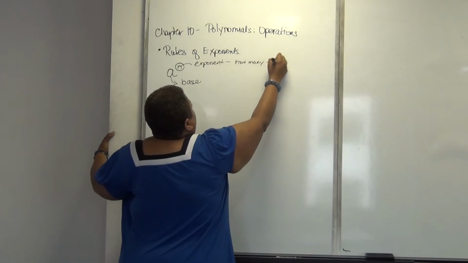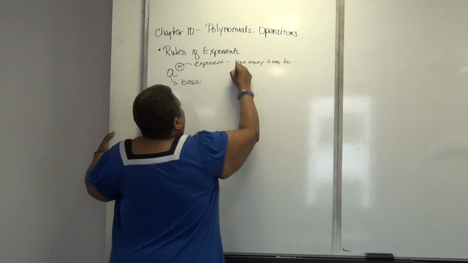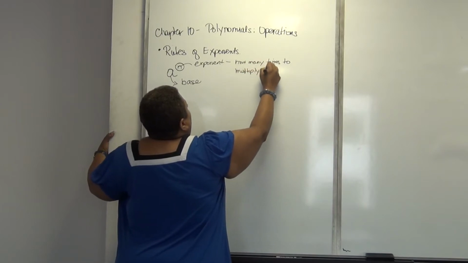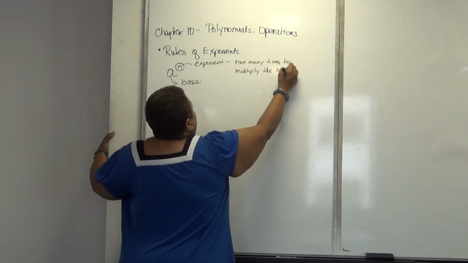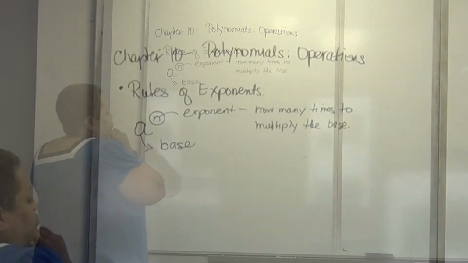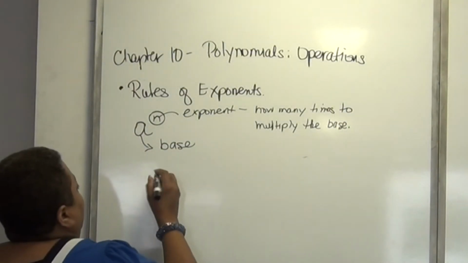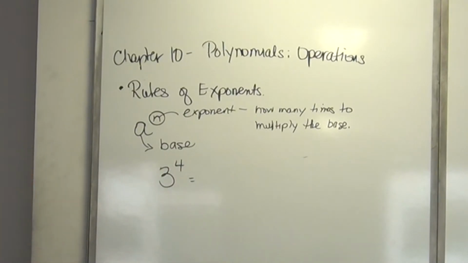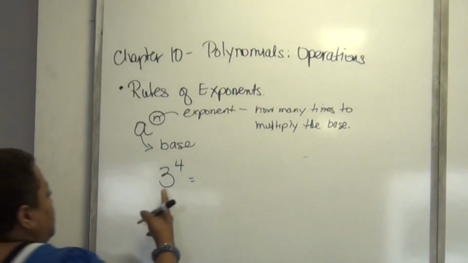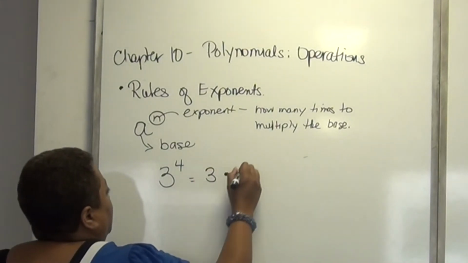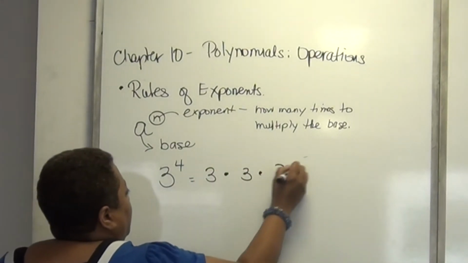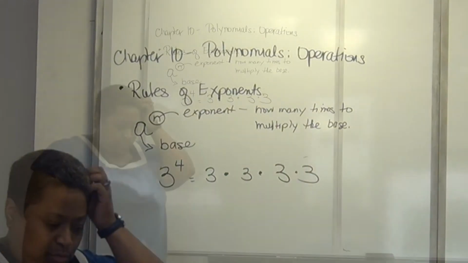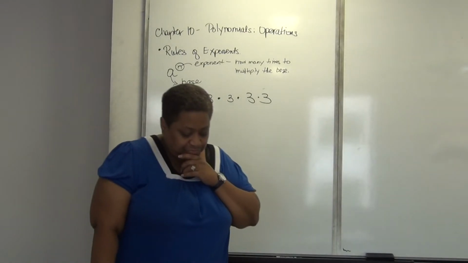So, if I had 3 to the 4th power, the 4 tells us to multiply the 3, okay, we're going to multiply it 4 times. That's what the exponent tells you to do.